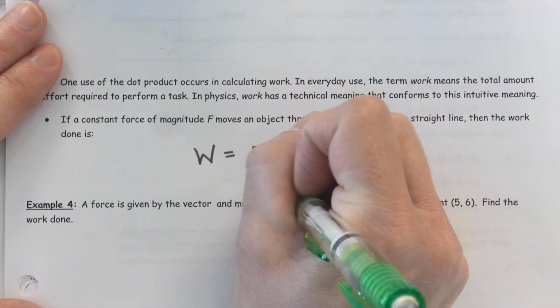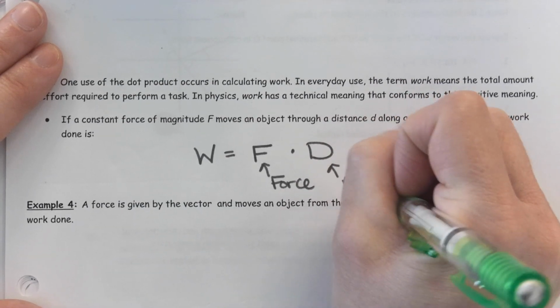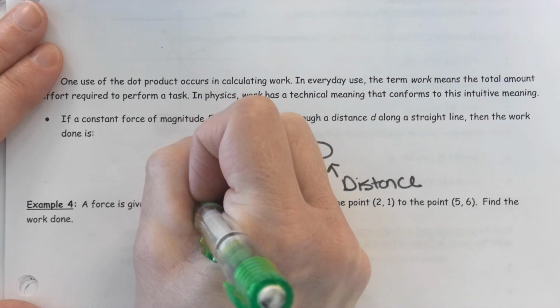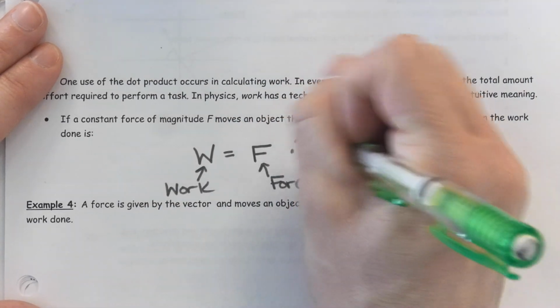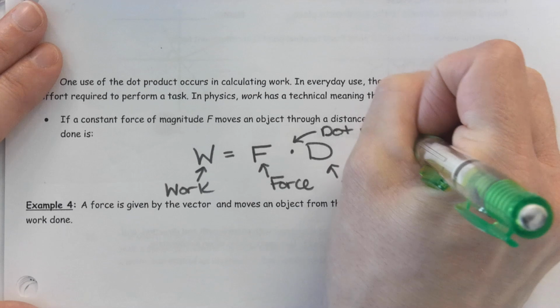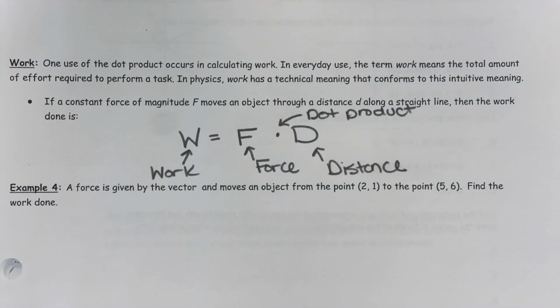So F stands for force, D stands for distance, W means how much work is done, and this doesn't mean times, this means dot product. So make sure you know what all the things in the equation mean.